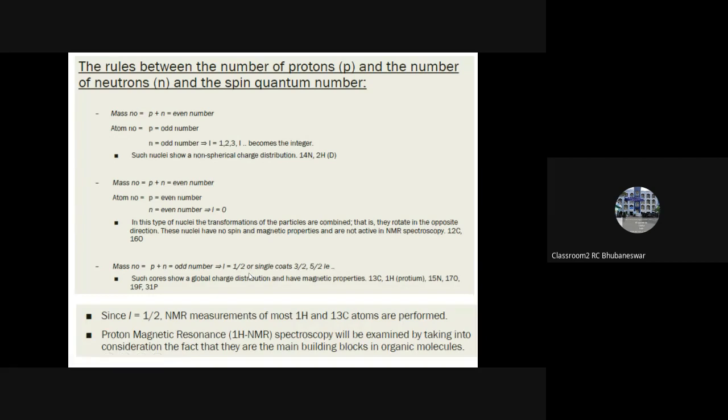This kind of thing you will see in NMR spectroscopy. You can use NMR spectroscopy as a tool for nuclei like C13, proton, and 15N, all these isotopes. And since I is half, the proton NMR and C13 NMR measurements are performed.